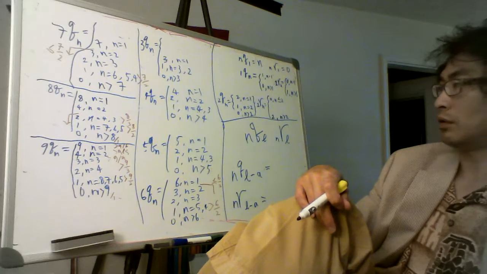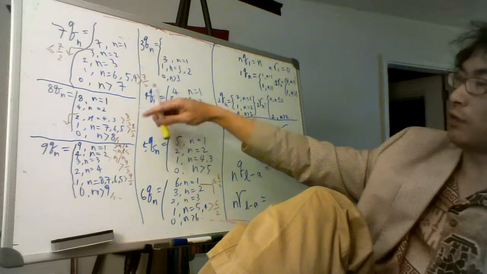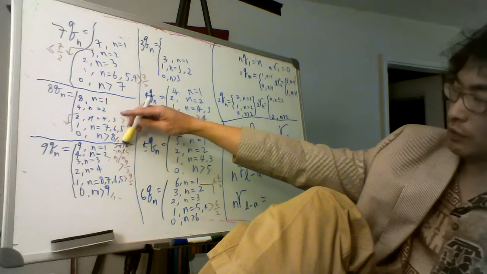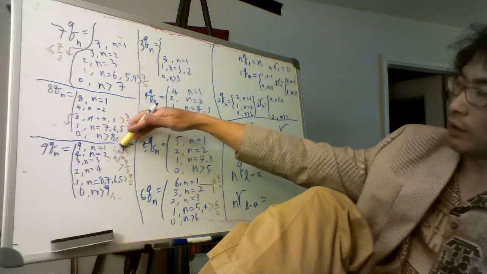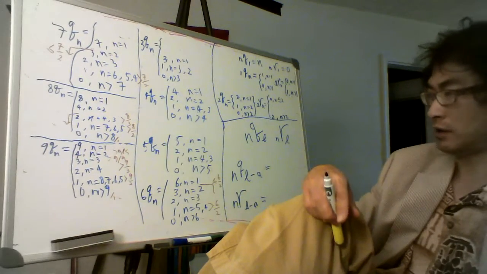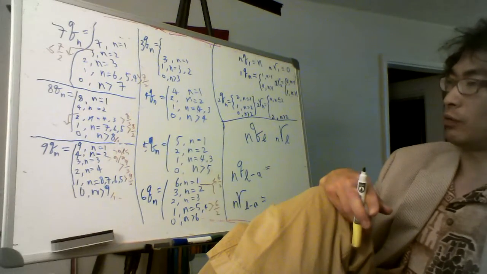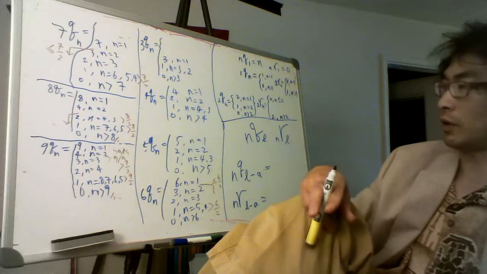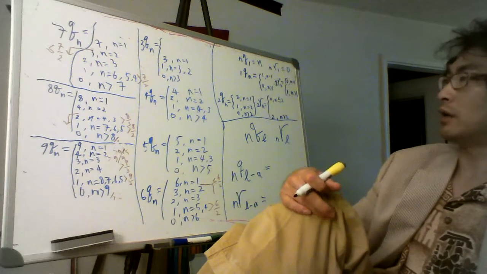No. But we don't need a formula for that, right? Just to verify, it doesn't hold when n is equal to 1. But that's fine because we already have a formula for that. It's always equal to the head number when the tail number is equal to 1. So yeah, this is our working theory.